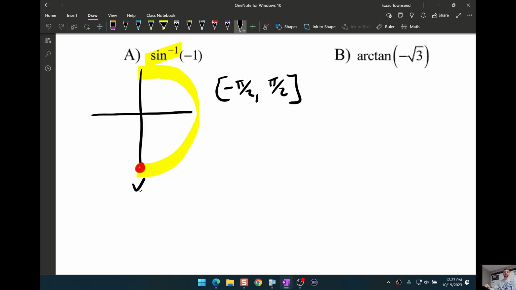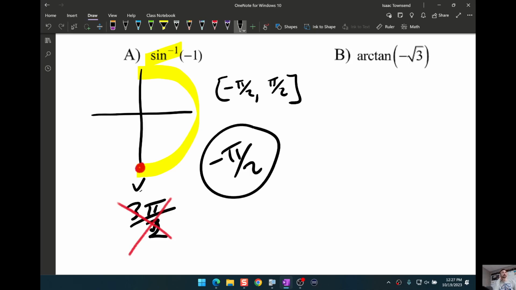Okay, we're doing everything in radians with inverse trig functions. Normally we call this 3π/2, but 3π/2 is not between -π/2 and +π/2. You have to think of a different way to name that spot that's within these values. And that's the one and only answer.